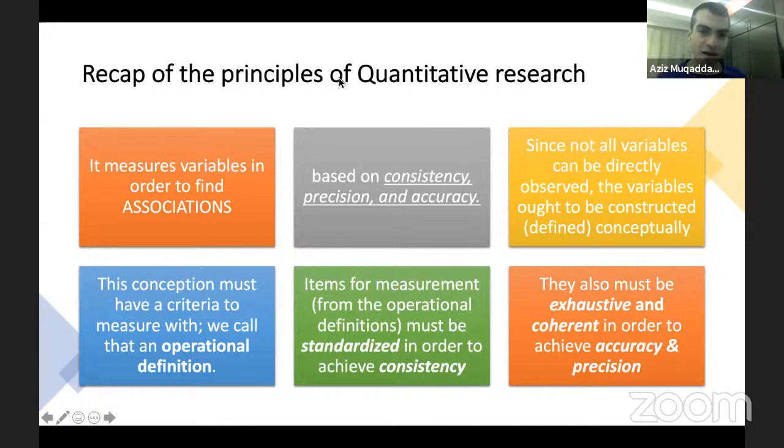And then we said, but the problem was that the variables in communication and social science in general are not tangible variables, or they don't have a real presence in the physical world.